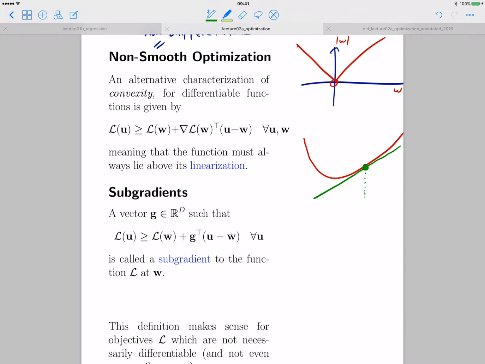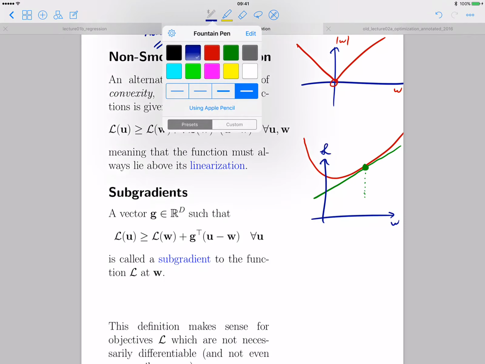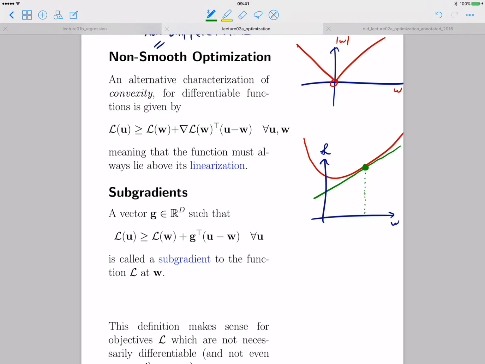Here it's much easier, because here is what this tangent plane precisely is. We will define it here. Again, I'll just plot the function value against the parameter. What is this crazy tangent plane? The green function is a tangent plane, and it's defined like this. We are currently at W, that's this base point here. What we do is we look at the linearization of our function at that point.